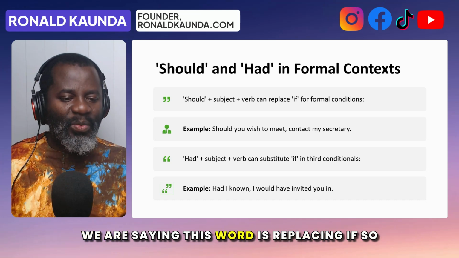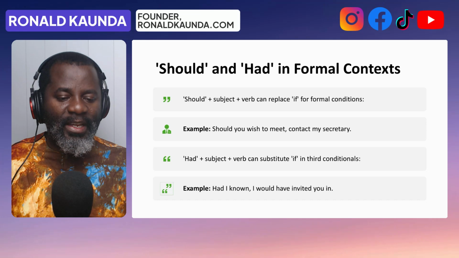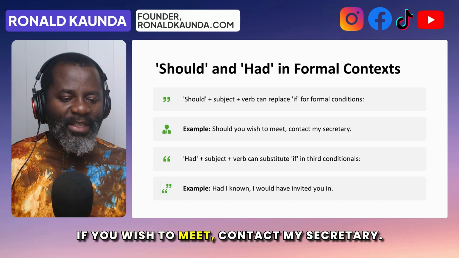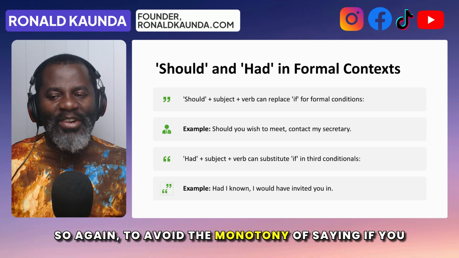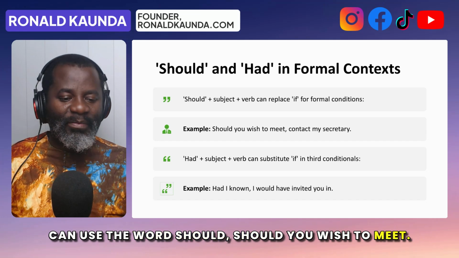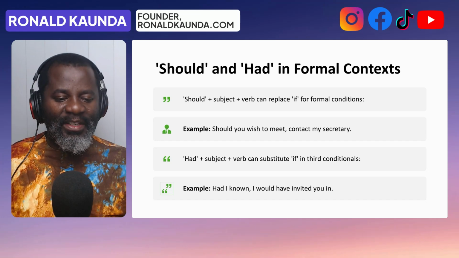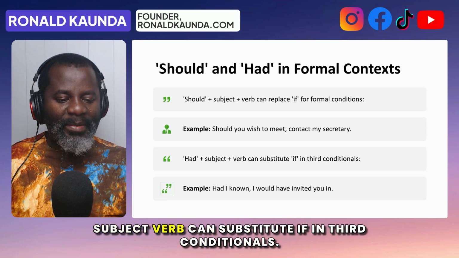We are saying this word is replacing if. So in the first example, it's more like saying, if you wish to meet, contact my secretary. Again, to avoid the monotony of saying if, you can use the word should. Should you wish to meet, contact my secretary. The next one is had plus subject plus verb, which can substitute if in third conditionals.